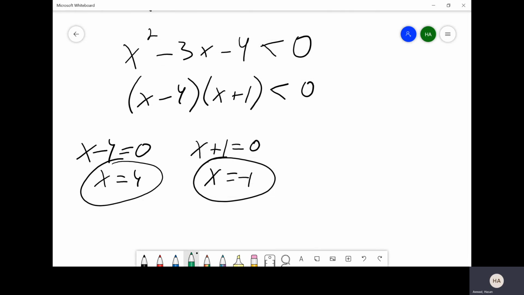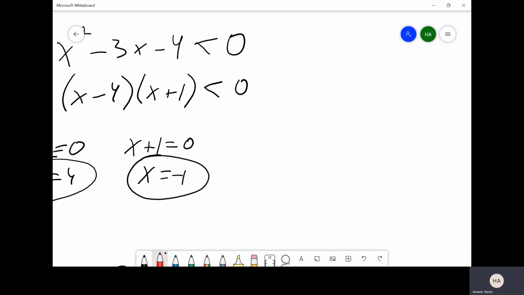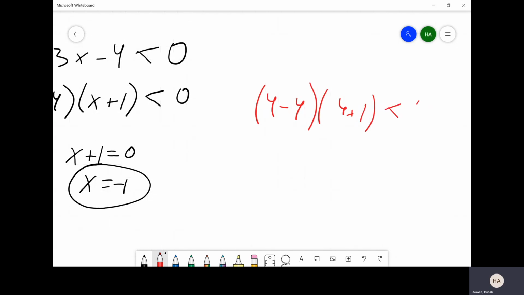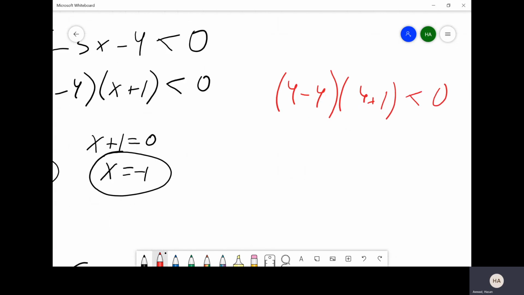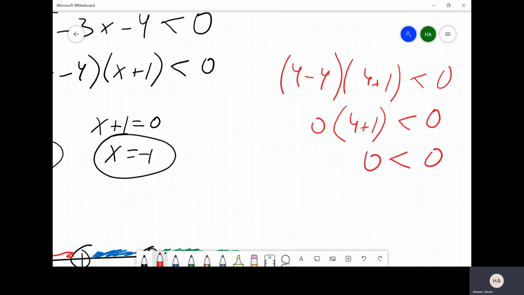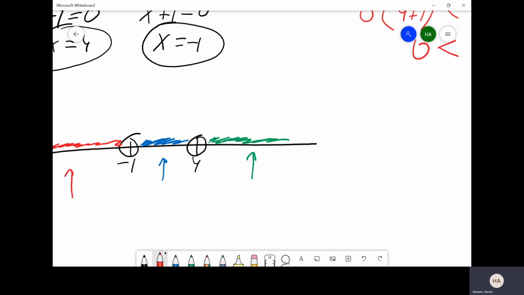So let's say, for example, we did want to plug in 4 for x. Well, if we plugged in 4 for x, just hypothetically, we would get 4 minus 4 here, and 4 plus 1, which is 5, but either way, because we know that 4 minus 4 is 0, and 0 times anything is going to be 0, we would get 0 is less than 0, right? And we know that that's not true, and that's why we're not including 4 and -1.